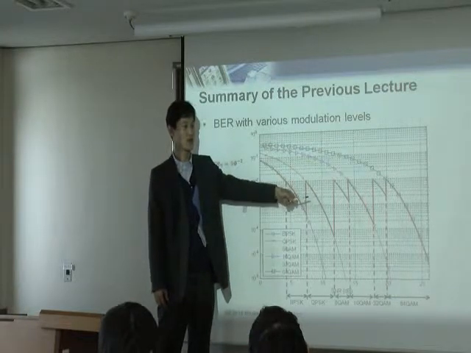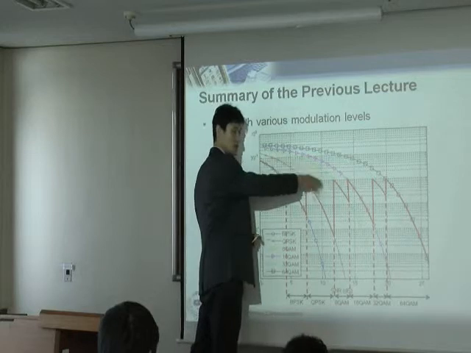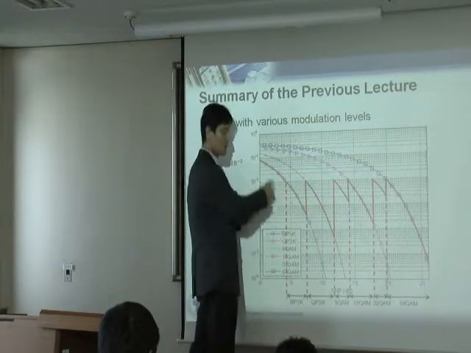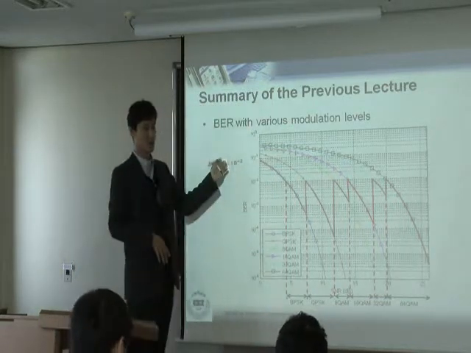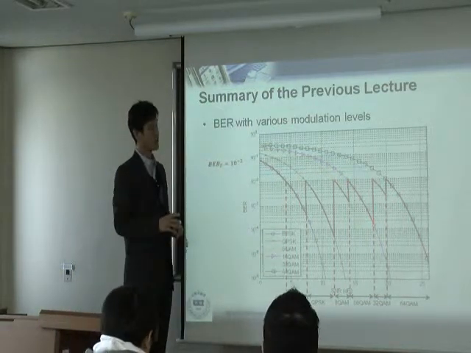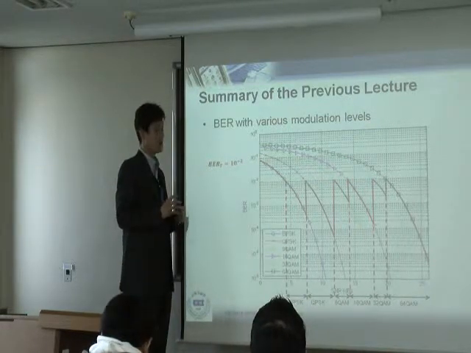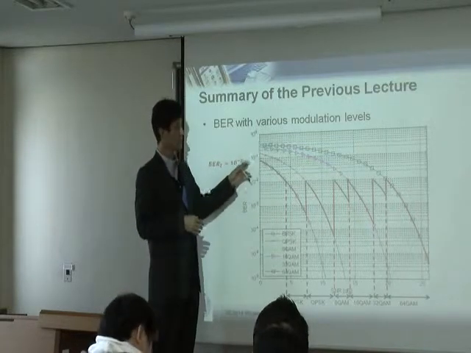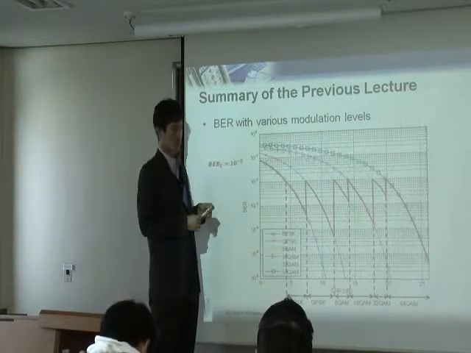In mathematics, we can model each of these bit error rate and symbol error rate curves using the Q function. So we can draw this easily in MATLAB, just one line. However, for convolutional coding and turbo coding, it's typically very difficult to find the equation, so we only have to do simulation.